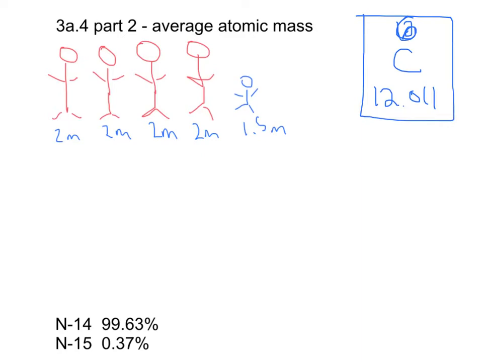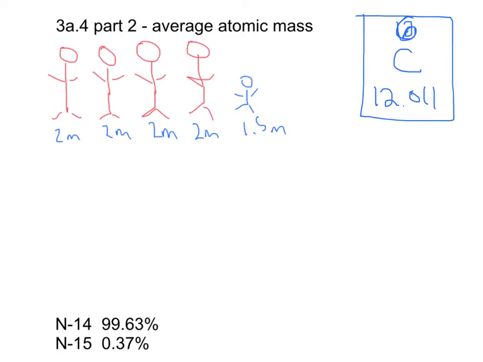So as we've already learned, there are different isotopes of pretty much every element. And the isotopes are atoms that weigh a different amount than other atoms of the same element. Now how can that be? Well, if you remember, they all have the same number of protons if they're the same element, but they don't necessarily have to have the same number of neutrons.